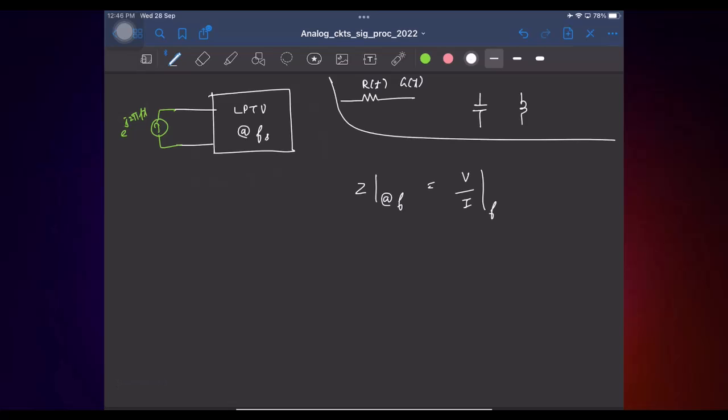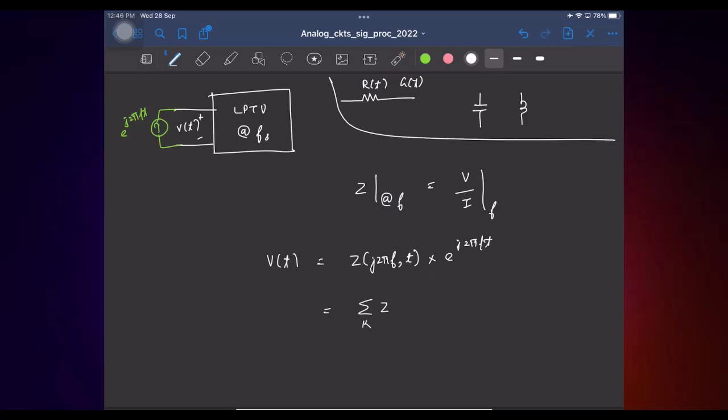We know that this is a periodically time varying network, so the impedance is also periodically time varying. So if my input current is e power j 2 pi f t, the output voltage will be this times e power j 2 pi f t. Again, this is a periodic signal in t, so I decompose it as a Fourier series.